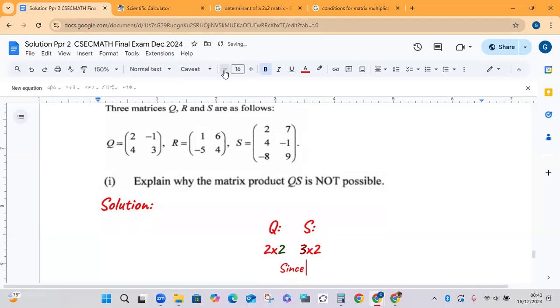Since Q has 2 columns and S has 3 rows, matrix multiplication of, or the product of QS, the product QS is not possible. That should suffice for the answer.